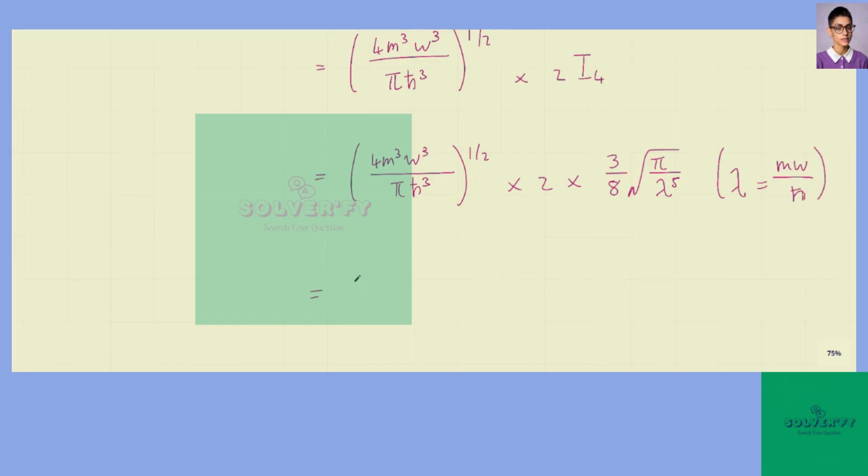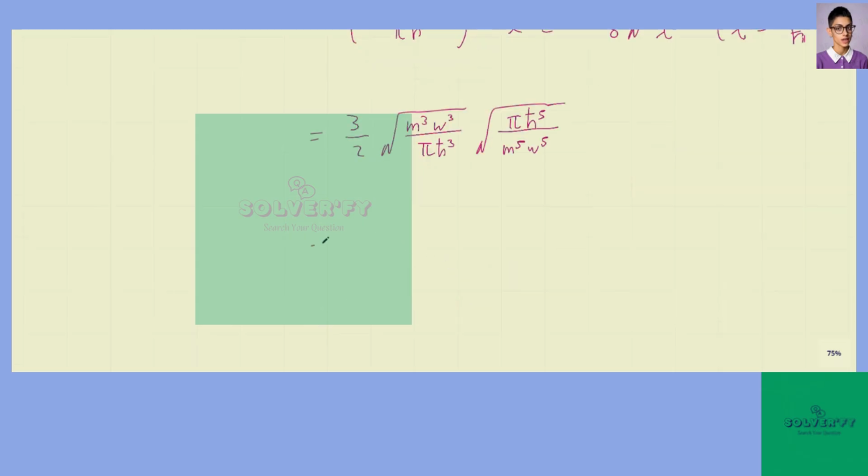And so this is 3 over 2 times the square root of m cubed omega cubed over pi h bar cubed times the square root of pi h bar to the power 5 over m to the power 5 omega to the power 5. And this becomes 3 over 2 times h bar over m omega.